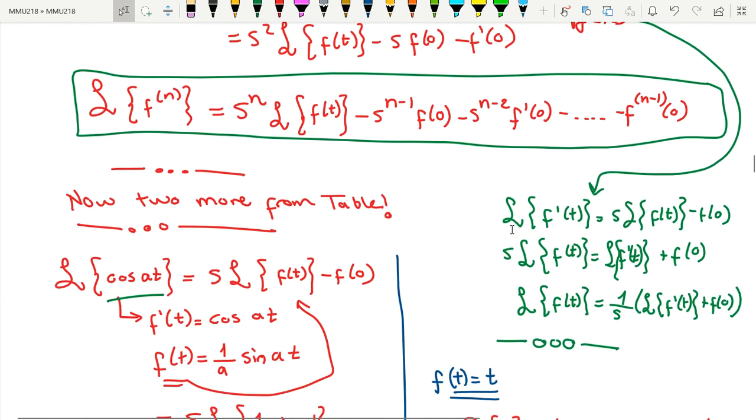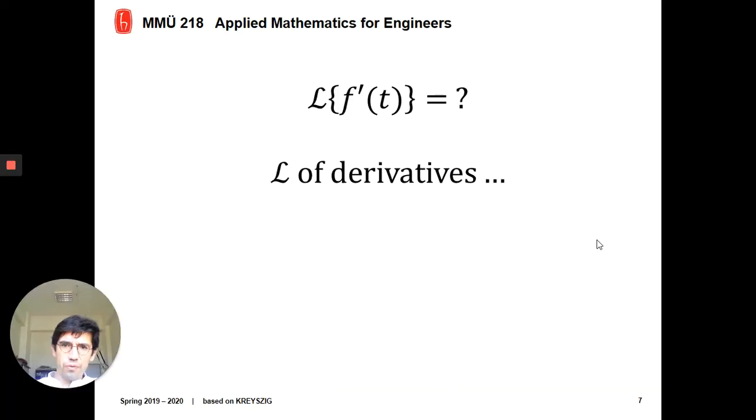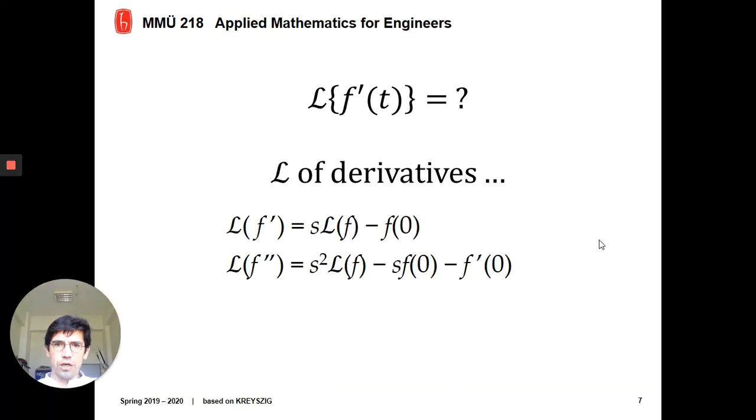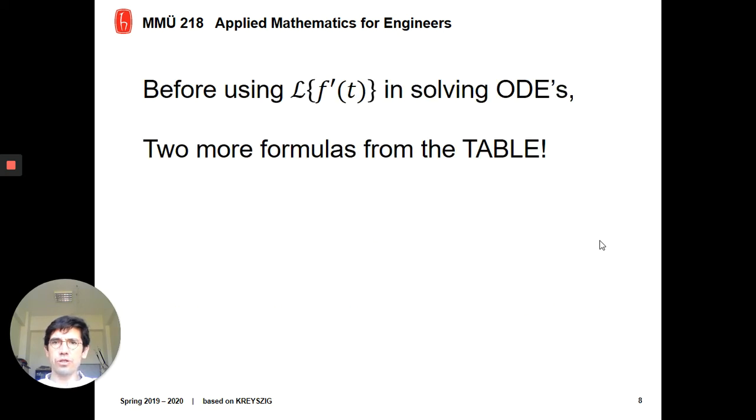If we see this example, we will use that identity. Now, these are some summaries that I have already put in the notes. Before using this Laplace of f prime t in solving ordinary differential equations, let's try to open up two more formulas from our table.